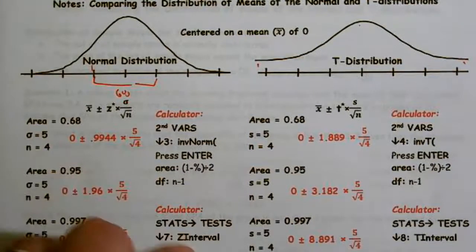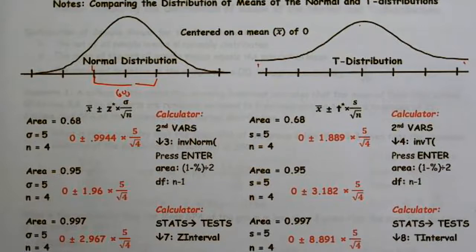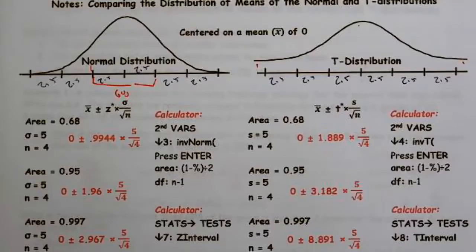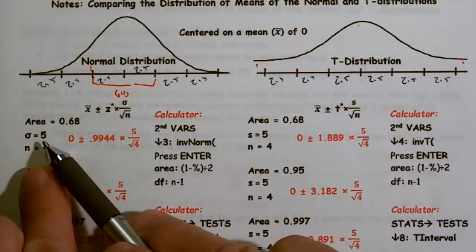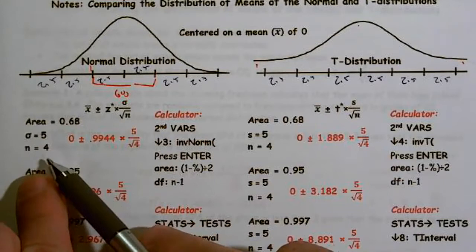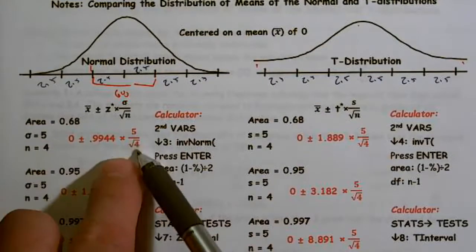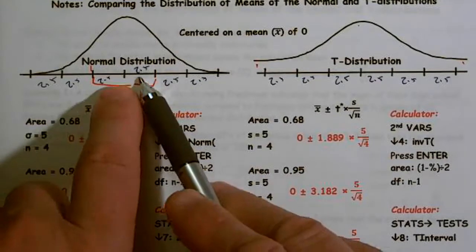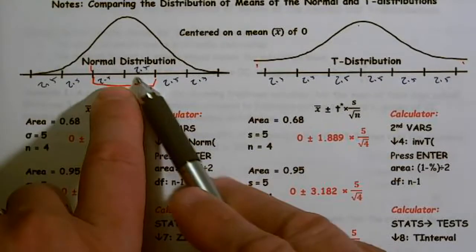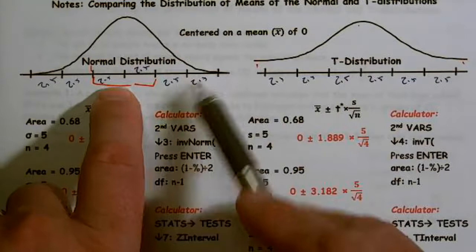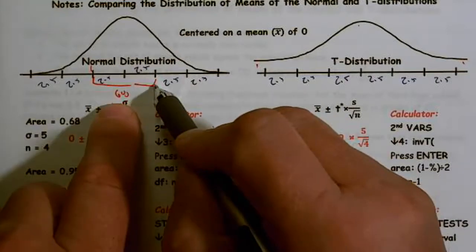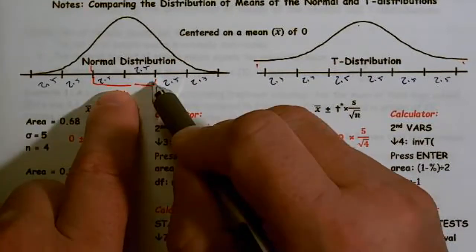So if we were to do that, I'll pause this for just a second. Okay, so in this case, we're working with a standard deviation of 5 and a sample size of 4. And if I take 5 and divide it by the square root of 4, I find out that the distance between each one of these is 2.5. So this would be 1 standard deviation, and it'd be 2.5 from the mean.